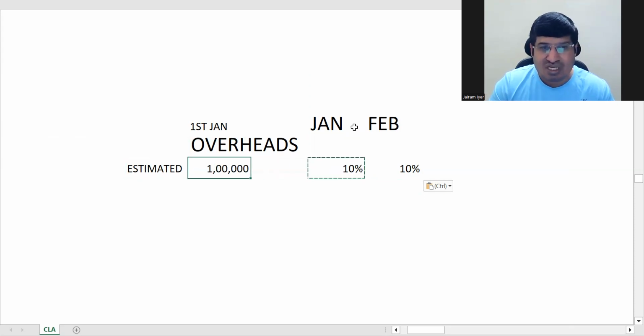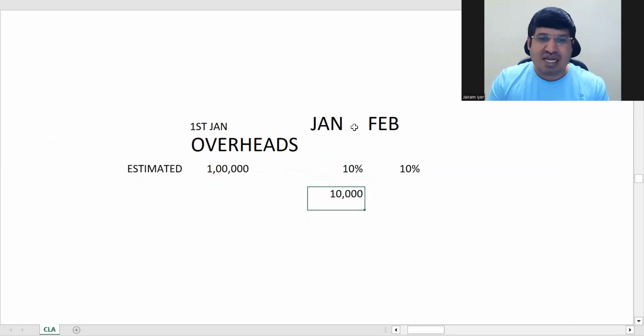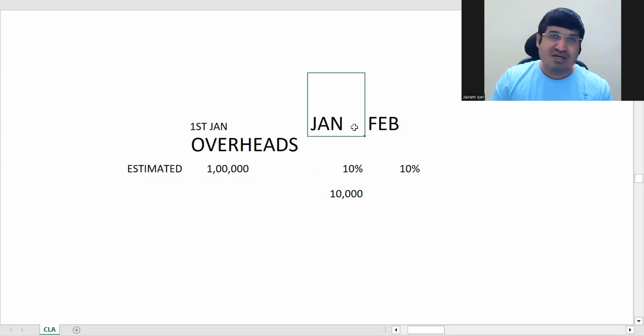So I will use these overheads and take 10% of this, which is 10,000. In that January bill, I will add 10% of overhead. I'm just making it simple.